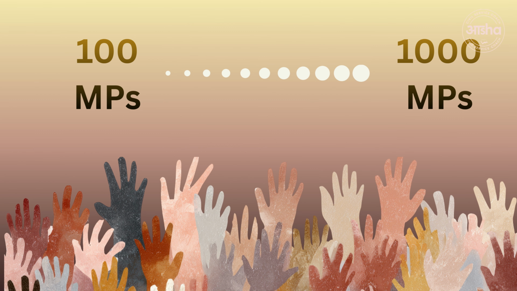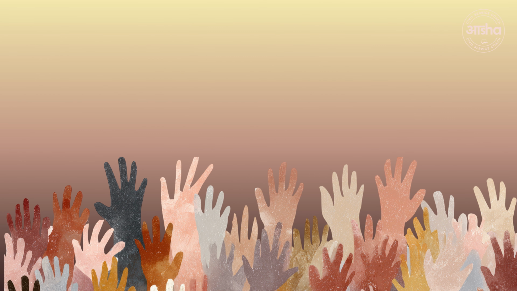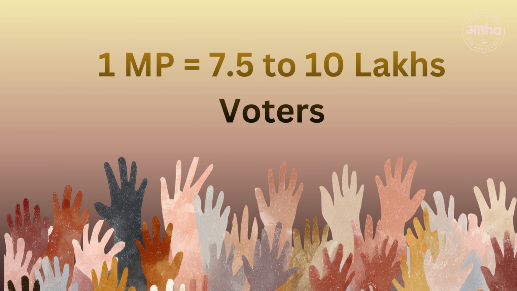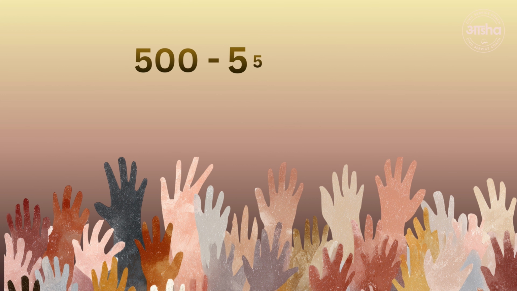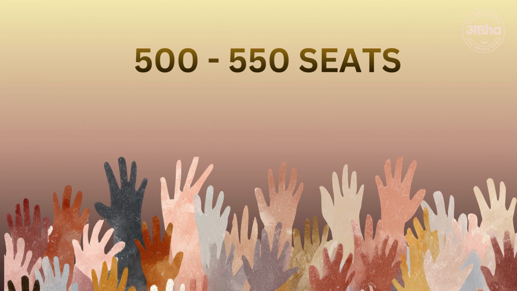In 1951, with a population of roughly 36 crores, the math worked out like this. One MP should represent roughly 7.5 to 10 lakh people, making the total house size roughly 500 to 550 members.